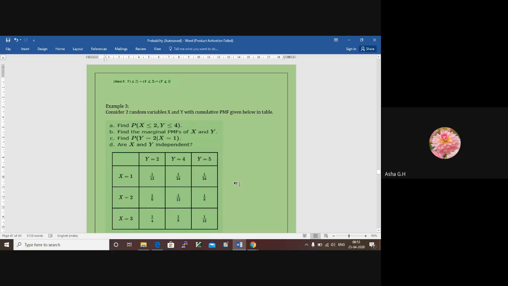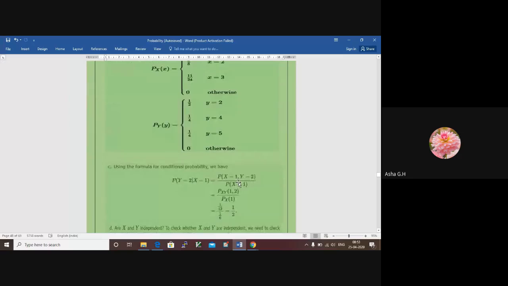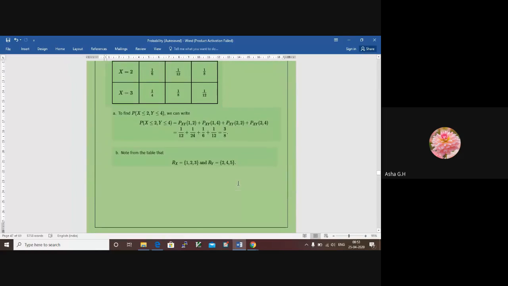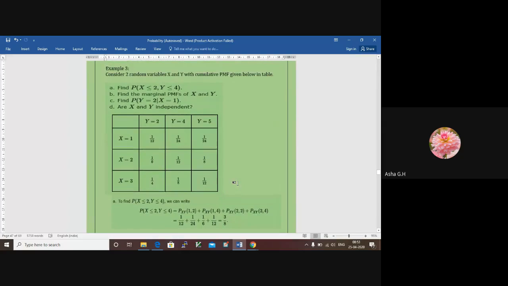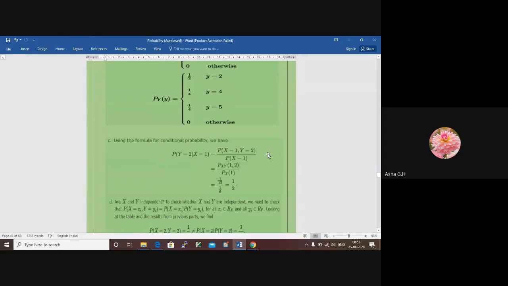Is that true? How do you do that? Now we have various probabilities here. Probability of x is equal to 1, I think we have calculated it for 1 here.